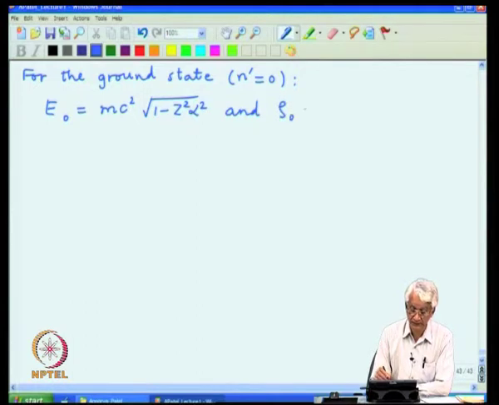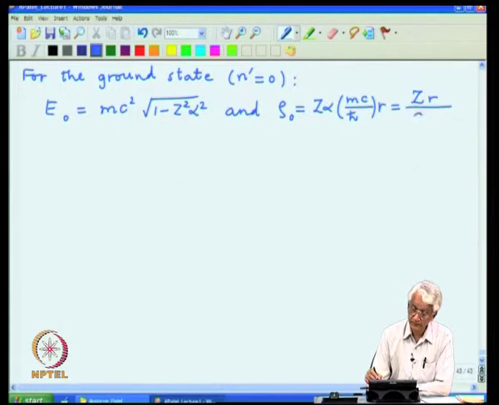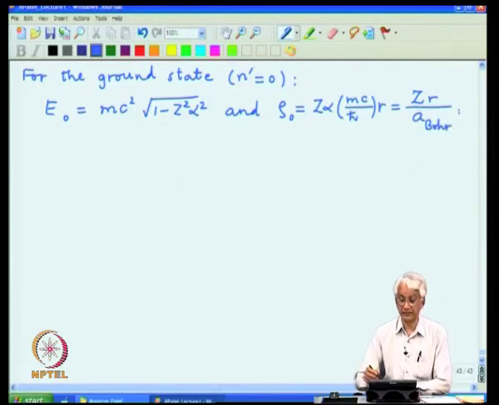and one can also calculate the exponential fall off, which becomes the same as in case of the Schrodinger's equation.